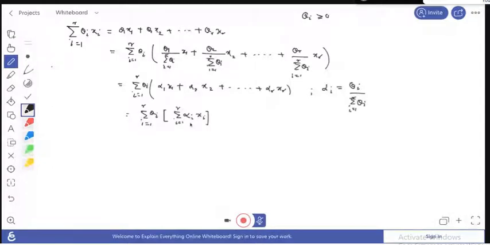Each theta i becomes any finite real number, so alpha 1, alpha 2, alpha 3, up to alpha r are also real numbers. So this can be written as a linear combination, and here each alpha i is greater than or equal to 0.